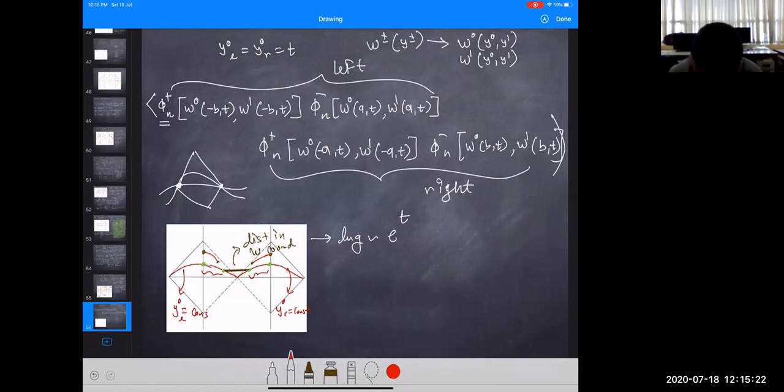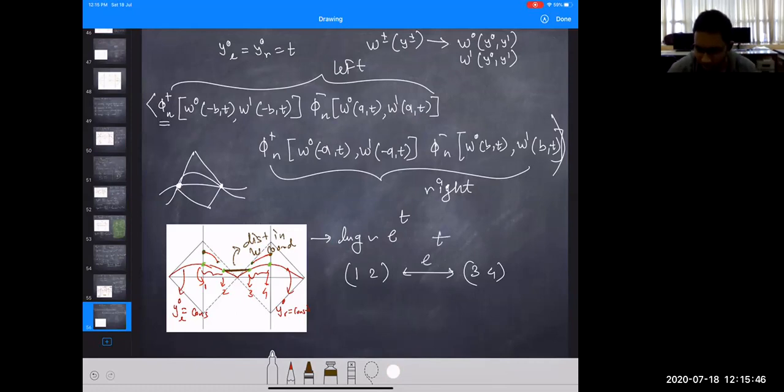Let me name these: point number 1, point number 2, point number 3, point number 4. Points 1 and 2 remain at a fixed distance, and 3 and 4 remain at a fixed distance, but the distance between the two pairs goes as e to the power t.